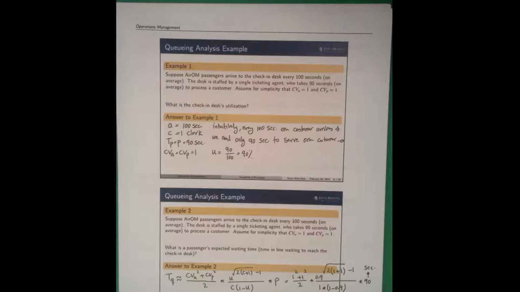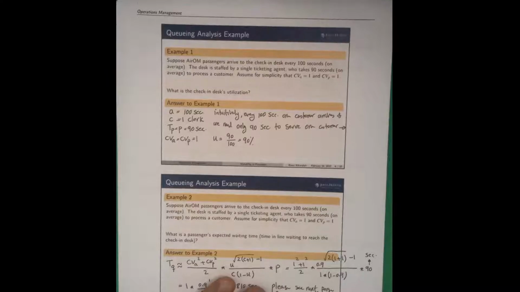Next question, which is the follow-up question, is this one, example 2. The question is, all right, on average, how long is each customer going to wait in line? The question is asking for TQ. TQ is given by that formula, all right? And CV of A and CV of P, both of them are 1.